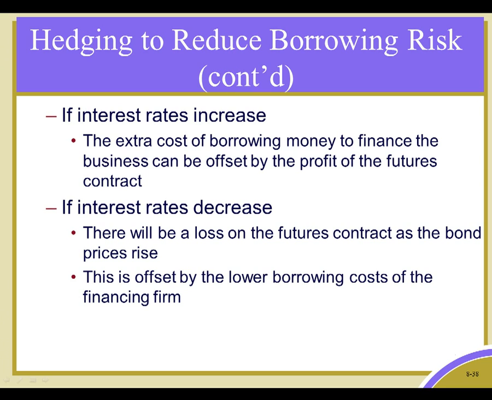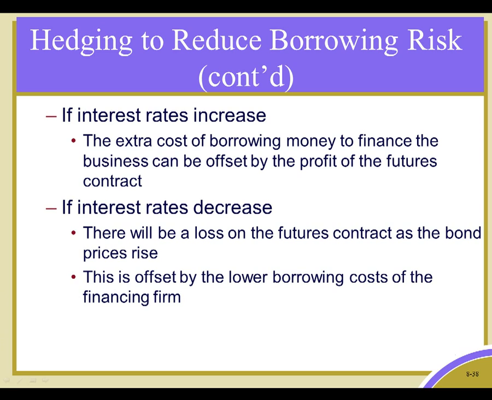If the interest rates are going down and we were going to be able to borrow at a cheaper price, we've entered into a transaction which actually caused us to not get that benefit. That's the downside of hedging, if you will. The downside of hedging is while it can hedge against bad events occurring to the firm, it may also hedge against good events, good surprises happening to the firm.